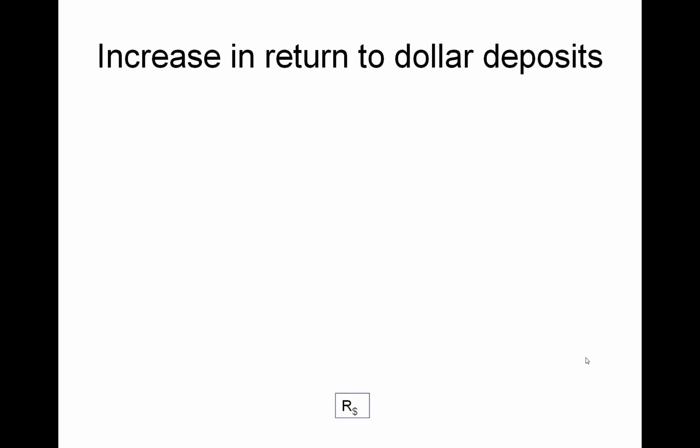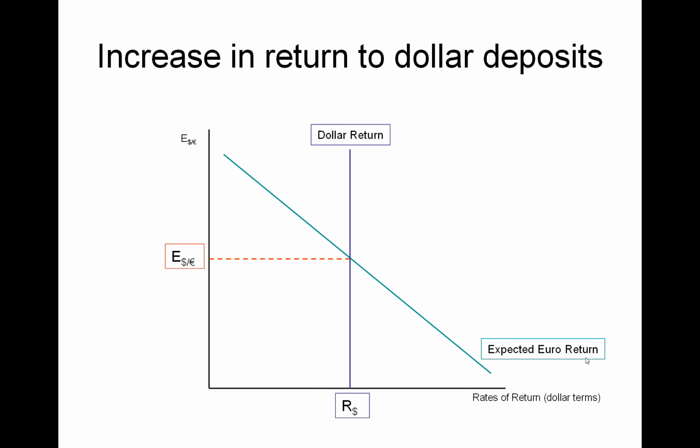Now we want to know what's going to happen when we increase the returns to dollar accounts. So we're going to start with the picture that we had before. And what direction would the dollar return curve shift? Is it going to go to the left or the right if we have an increase in the dollar deposits?